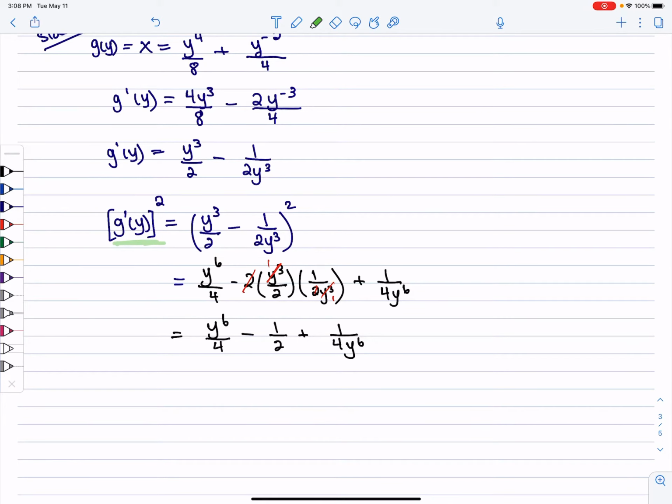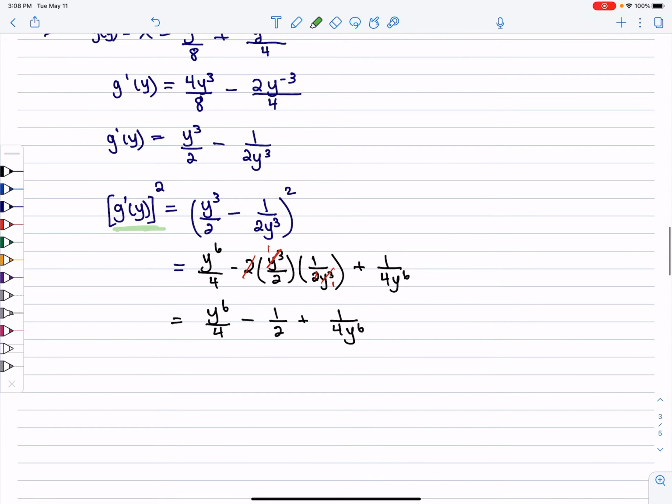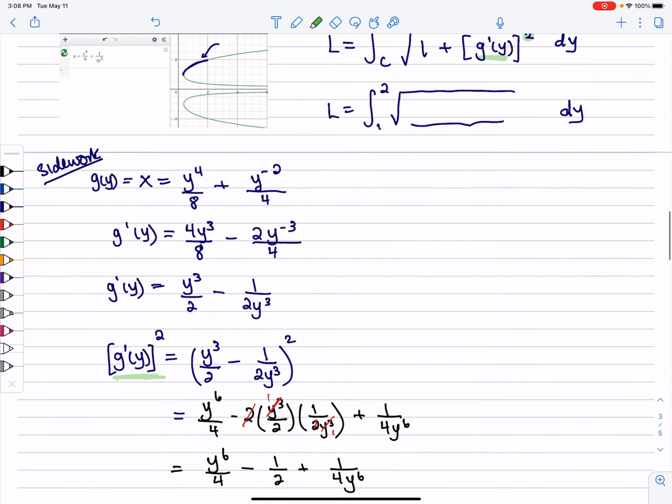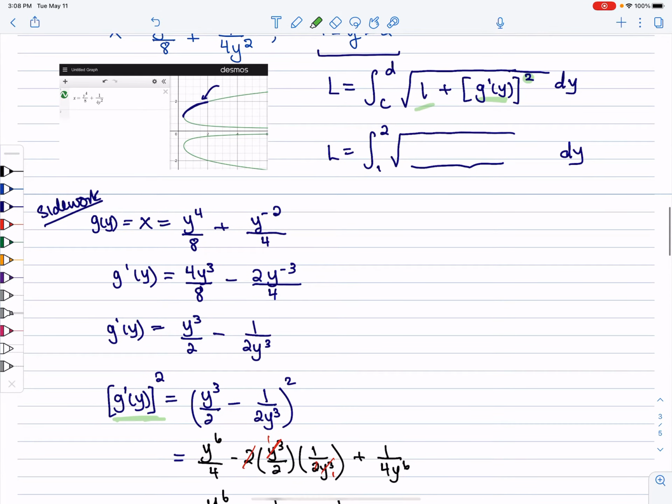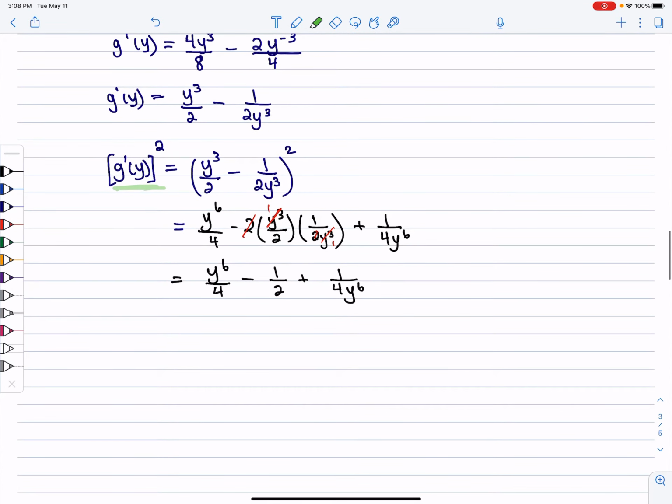Now what we're going to do is take our g prime squared and add 1 to it, because again, the formula requires us to add 1. So if you add 1, I'm going to write it down. We have 1 plus g prime of y squared is equal to 1 plus y to the 6th over 4 minus 1/2 plus 1 over 4y to the 6th.